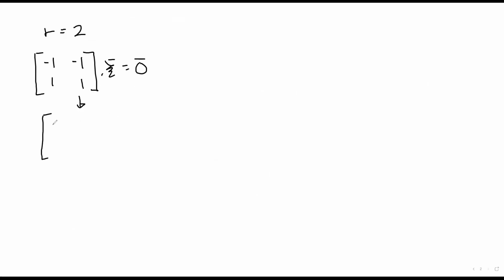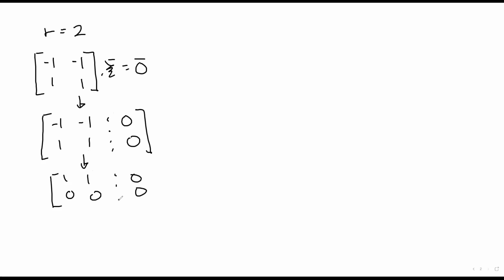To solve this, we change over to an augmented matrix: -1, -1, 0, 1, 1, 0. Row reduced to reduced row echelon form, we get 1, 1, 0, 0, 0, 0. Translating back to equation format, 1 xi1 plus 1 xi2 equals 0, and our free variable is xi2 equals xi2.